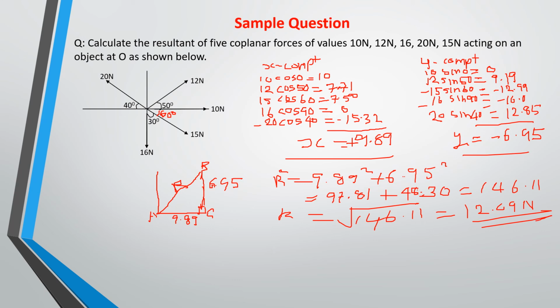Then if you want to find the angle of the resultant, you can use the trigonometric ratio tangent.